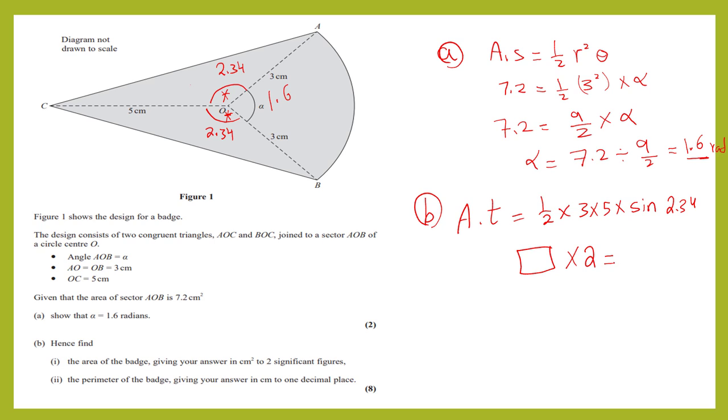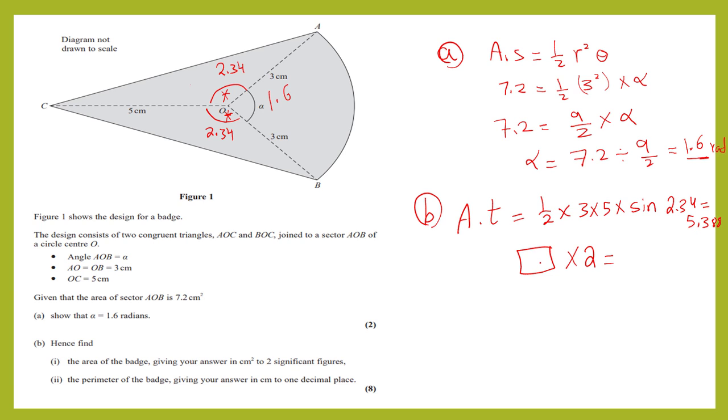Let's calculate this part. Find the area of the triangle first, then we multiply it by 2. So the area of the triangle will be 5.388.